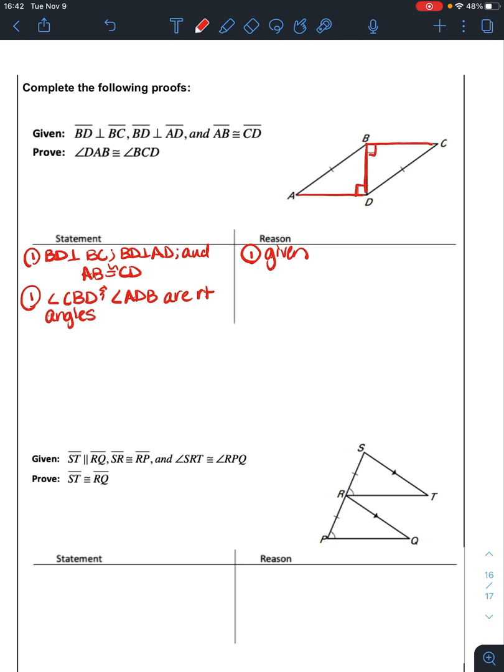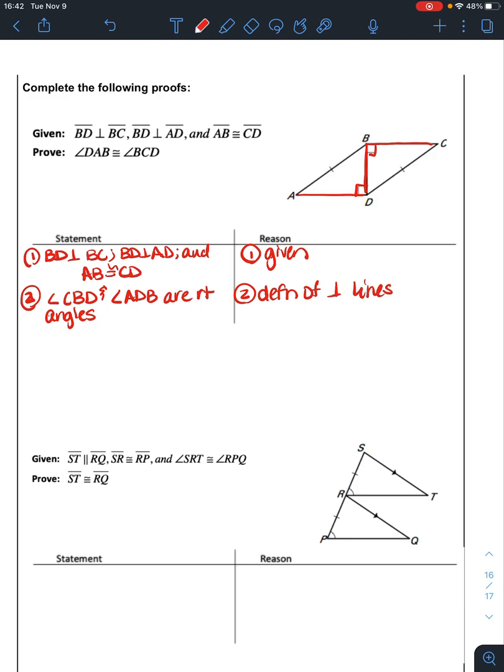That is always the next part that comes after saying something is perpendicular. So that's step 2. That's because it's the definition of perpendicular, lines that intersect at right angles. So we have to say that they are right angles. So the reason is the definition of perpendicular lines.